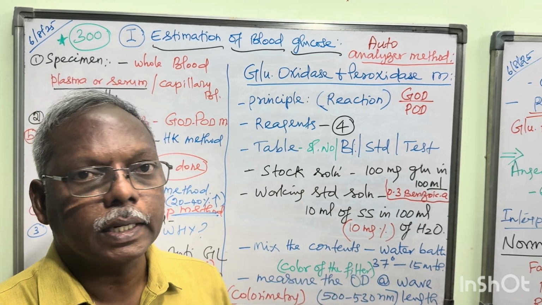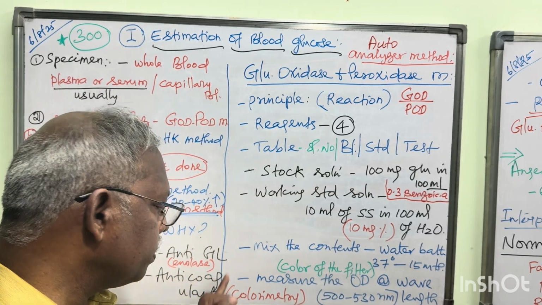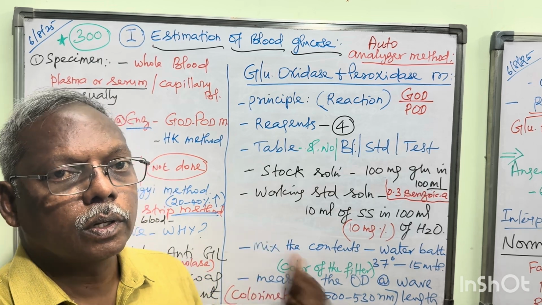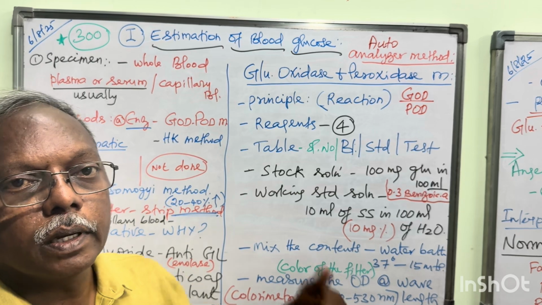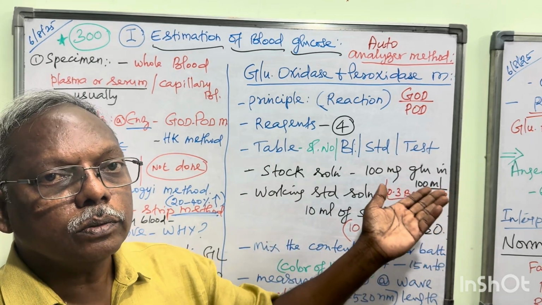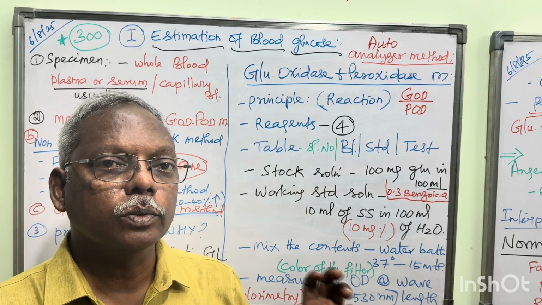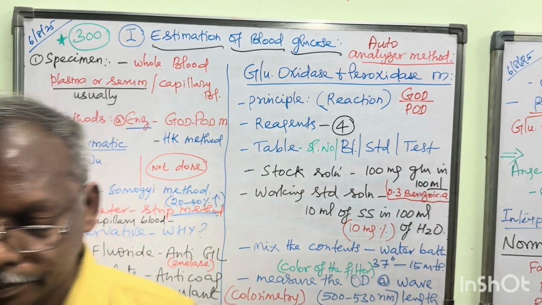So you should know the color of the filter, you should know the range of the wavelength, you should know the principles of calorimetry, everything for the estimation of glucose, right? So after this, you are going to calculate the estimation value by using some formulas. We will discuss in the next book.